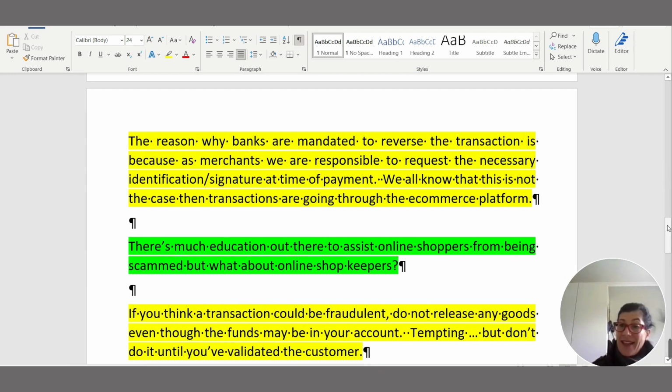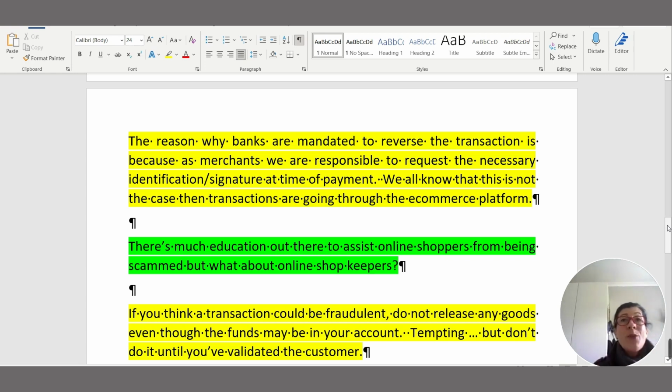First, just to give you a little more background, the reason why banks are mandated to reverse the transaction is because as merchants, we are responsible to request the necessary identification and signature at time of payment. Remember that this is very difficult within an online environment as opposed to a bricks and mortar shop, because the customer is actually not there.